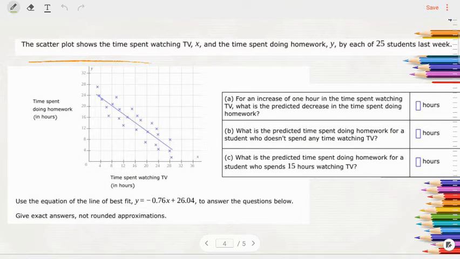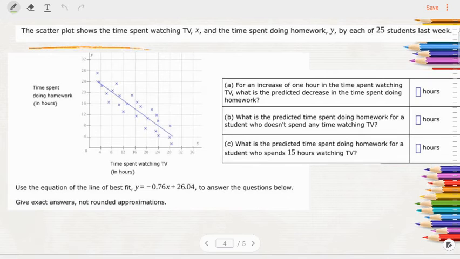Now, the purpose of me making this best fit line is to create some conclusions and some generalizations about some data. So for this particular scatter plot, if I read up above, it says that it is showing the time spent watching TV and the amount of time spent doing homework. Now we know this is going to vary. Some students may watch a lot of TV and still spend some time doing homework, and there are some people that watch a lot of TV that still do no homework.